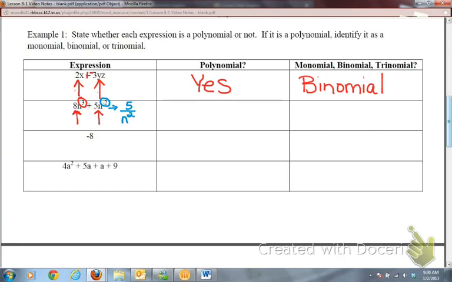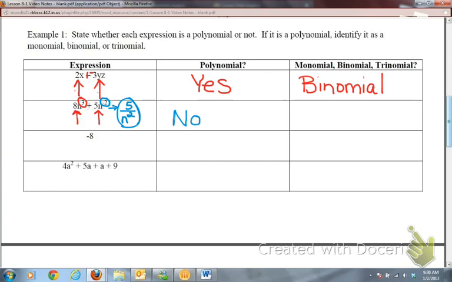As I mentioned before, you're not allowed to have variables on the bottom of a fraction and still have it be a polynomial. I mean, you're allowed to do it, it's just not a polynomial anymore. So that makes this a no. It's not a polynomial, so it's not a monomial, binomial, or trinomial.